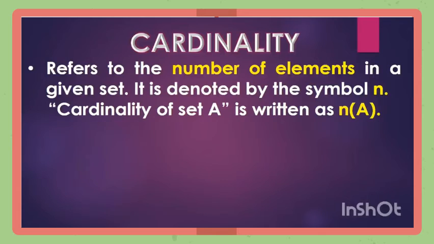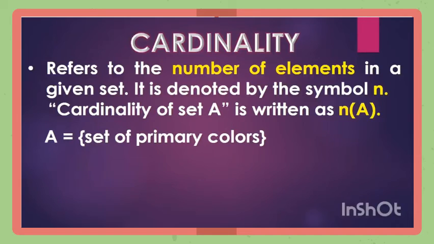Again, it must be small. How do we read this? Cardinality of set A. So, it is written as small letter n and then the name of the set enclosed by parentheses. Again, the symbol for cardinality is small letter n and then the name of the set enclosed by the parentheses. So, this is an example.